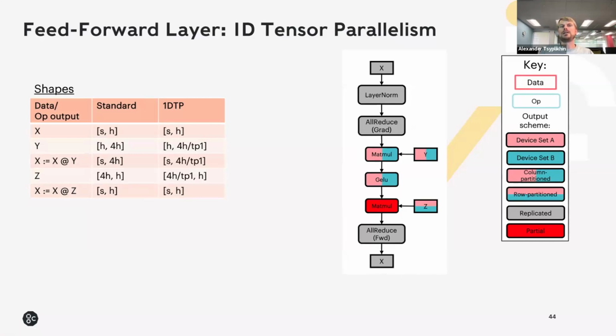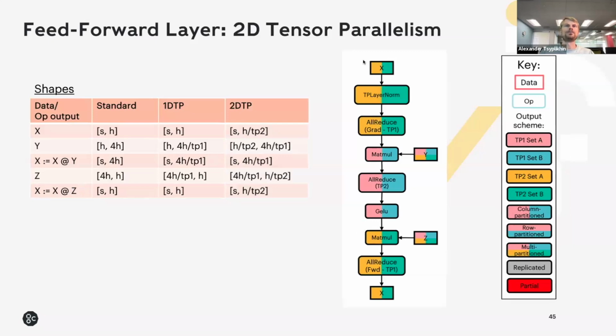Now, there can be a challenge that the matrices are still large for the local memory of the devices, and one needs to shard the activations across more than one device as well, and that will become what's called two-dimensional tensor parallelism, as shown here, which introduces an additional collective operation, an all reduce across the tensor parallel devices on the second dimension.